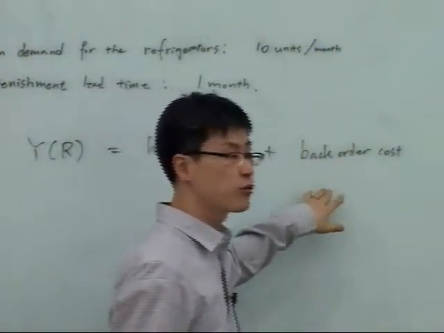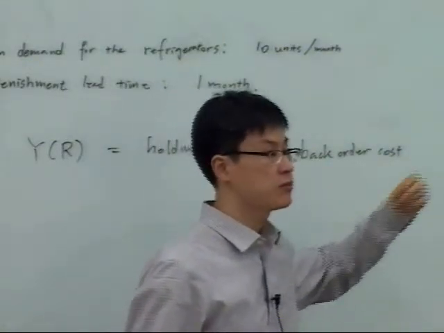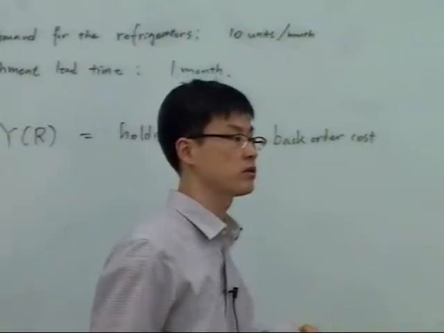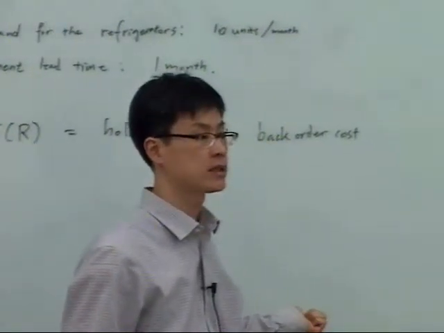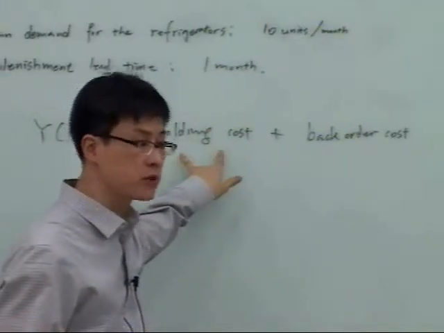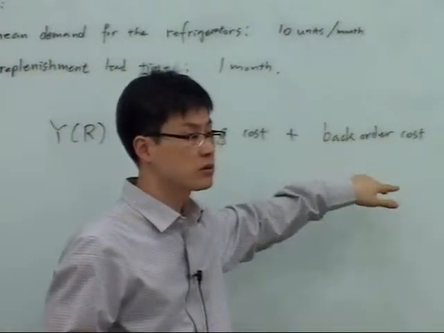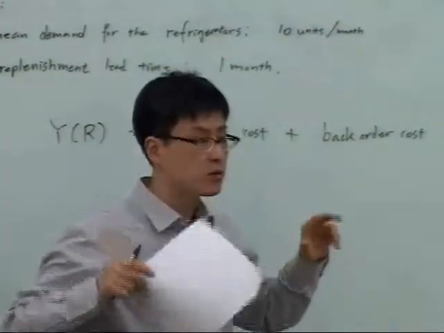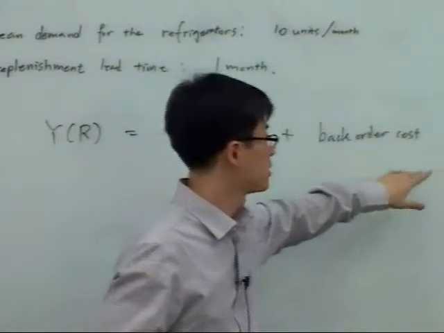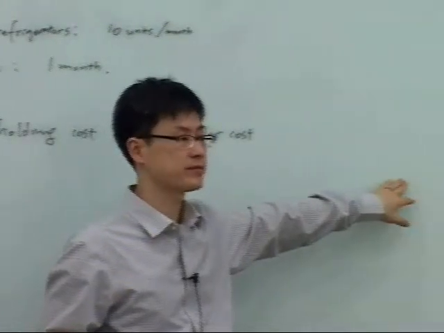Why don't we consider replenishment order cost in this model? It's natural to consider inventory cost, right? And in this base stock model, we introduced the concept of backorder, so we have to consider that backorder cost. Why not replenishment order cost here?